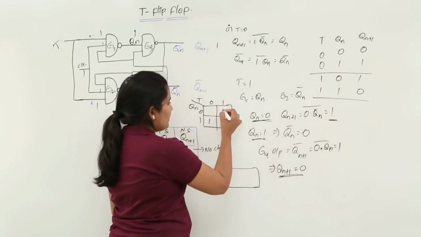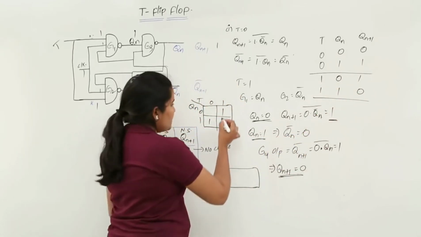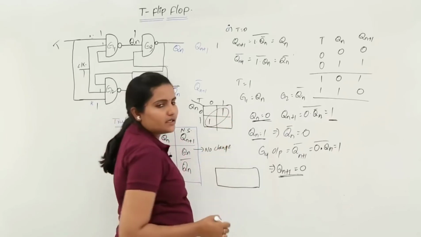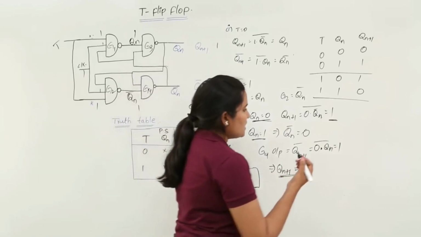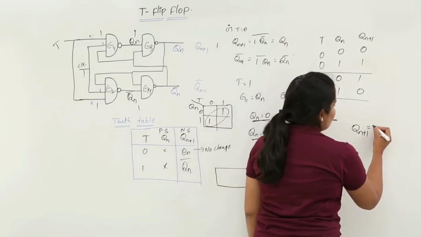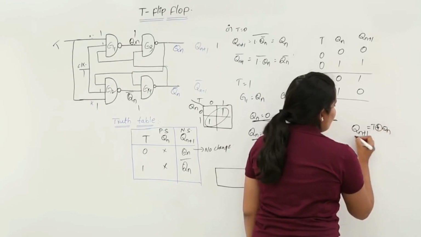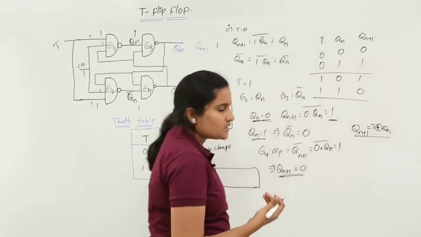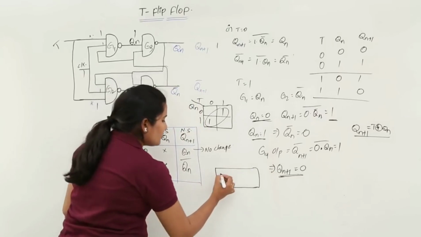That means you can say diagonal adjacency is there. So you can say Qn plus 1 for a T flip flop is equivalent to T XOR Qn. So T XOR Qn is your output equation.